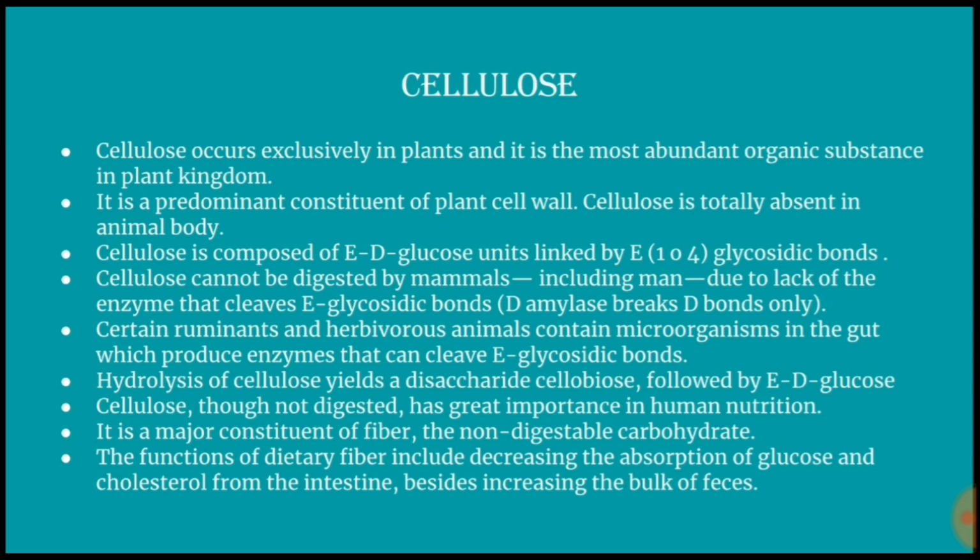So the cellulose, though not digested, has great importance in human nutrition, and it is a major constituent of fiber. So the cellulose can act as a roughage. Though it is not digested, it helps in clearing the intestine because of its fiber content. This dietary fiber can decrease the absorption of glucose and cholesterol from the intestine, besides increasing the bulk of feces.